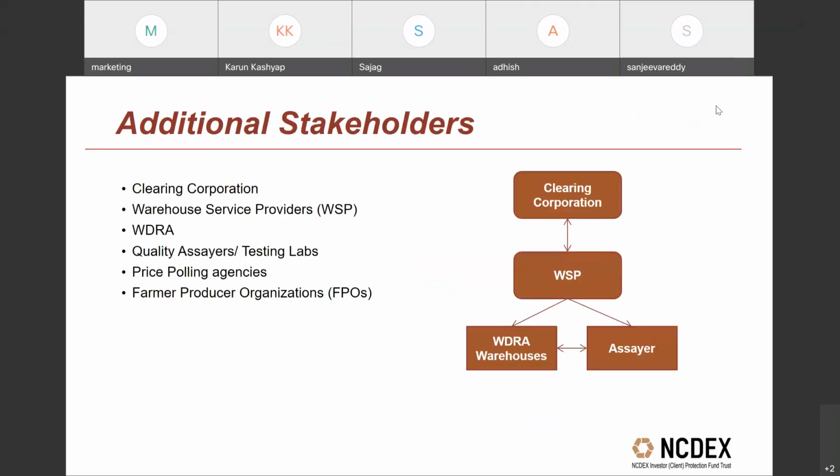Then there are additional stakeholders like the warehouse service provider, which is unique to the commodity market system because a commodity is a storable thing. Then WDRA also comes into the picture, because all the warehouses in India are regulated through WDRA, and every warehouse which comes onto this commodity derivative platform has to be a WDRA accredited warehouse only.